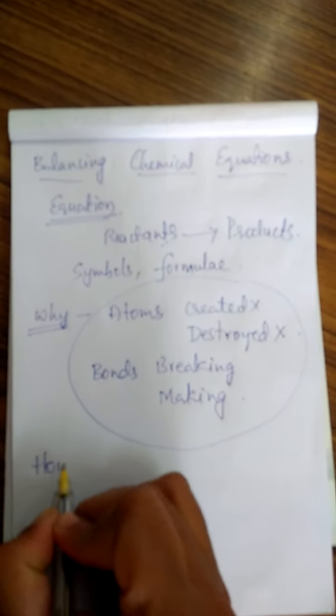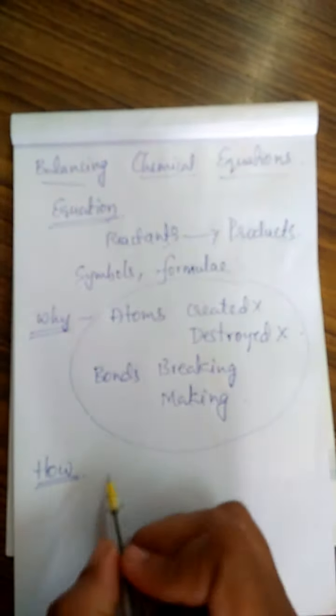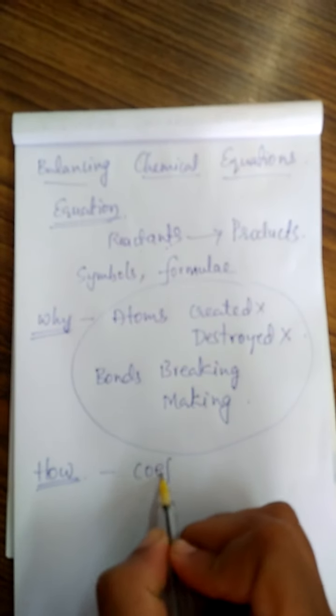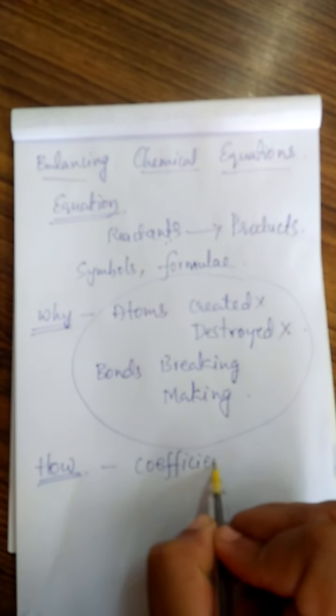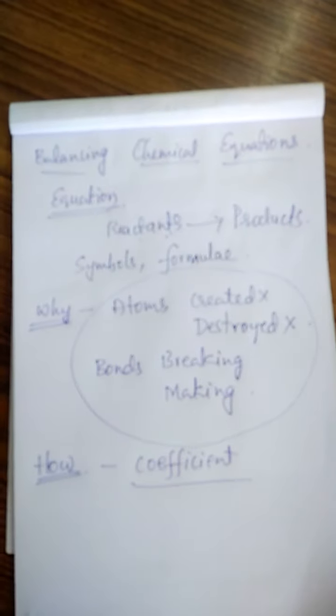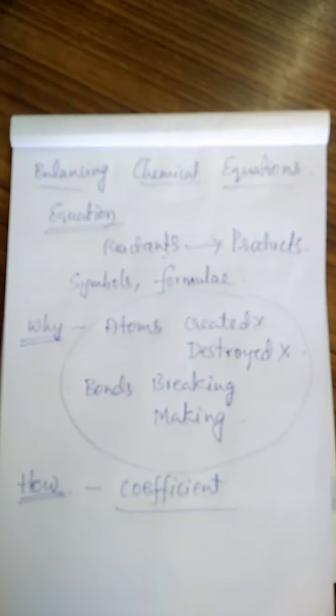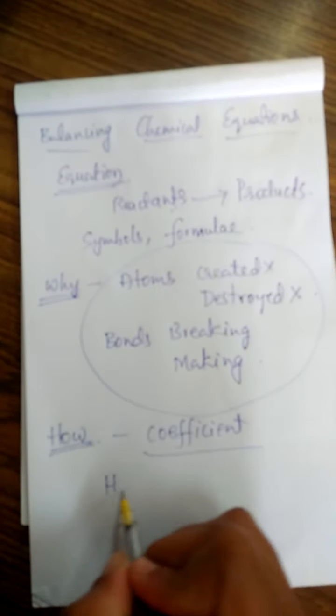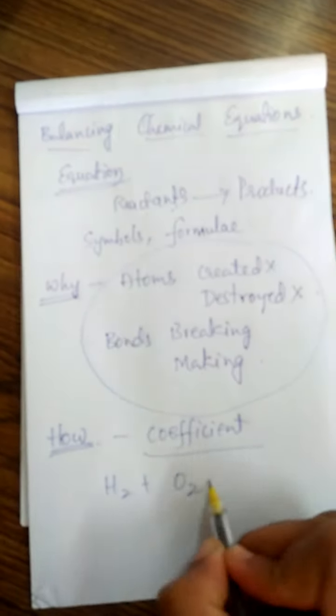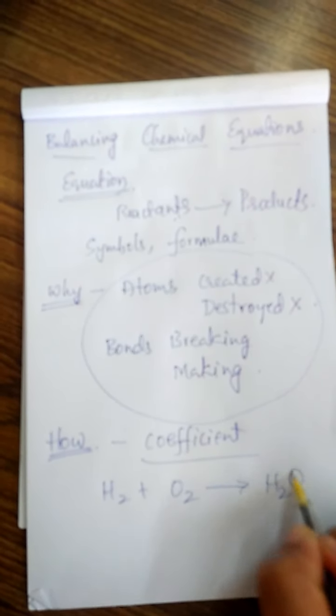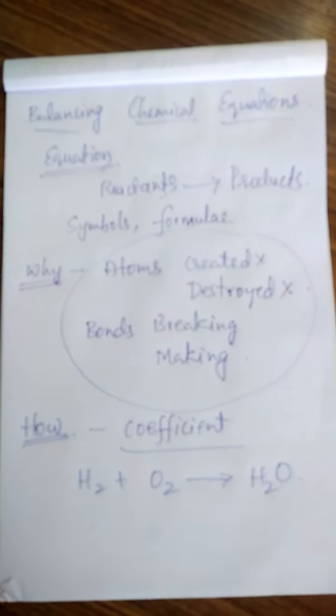Then how to balance it? Write only the coefficient, before the formula or before the symbol. But don't change the formula, don't change the symbol of the element. For example, I have here hydrogen reacting with oxygen to form water. This is an unbalanced equation.